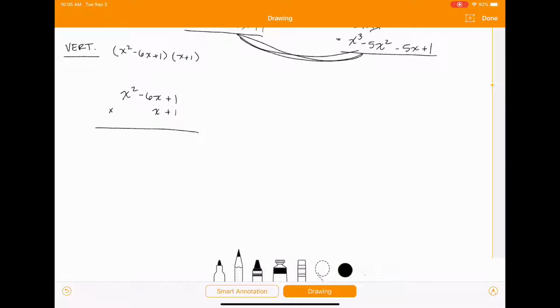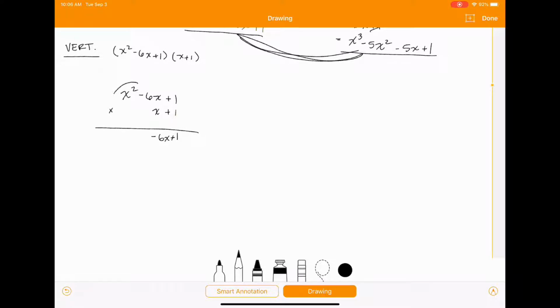All right, so you're going to take each of these black factors from up here and multiply it by this green one down here. So we're going to have 1 times 1, which is 1, and then negative 6x times 1, which is negative 6x.